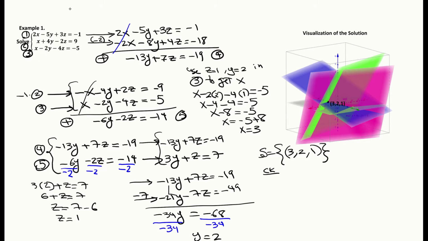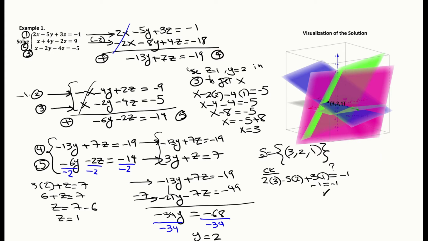So for the first one, we have 2 times 3 minus 5 times 2 plus 3 times 1. We want to know if that's equal to -1. So here we have 6 minus 10, which is -4, plus 3, which is -1. So we get -1 equals -1.